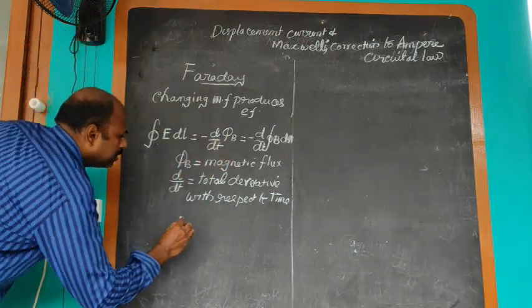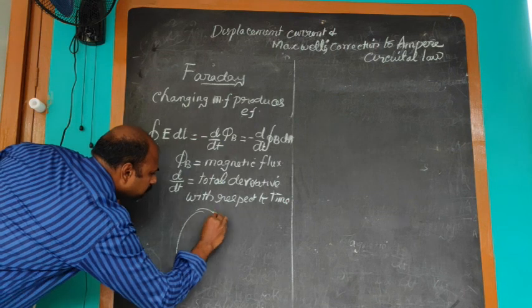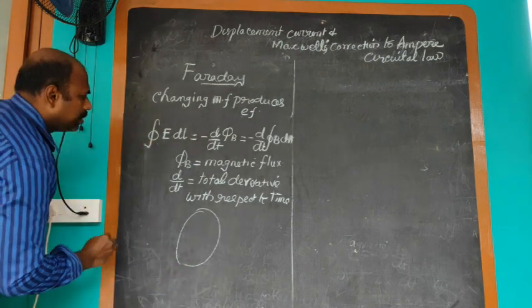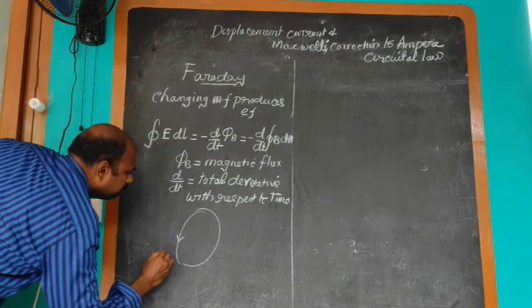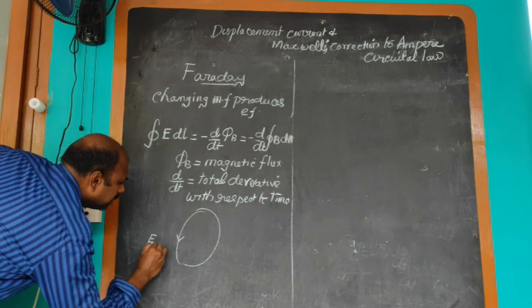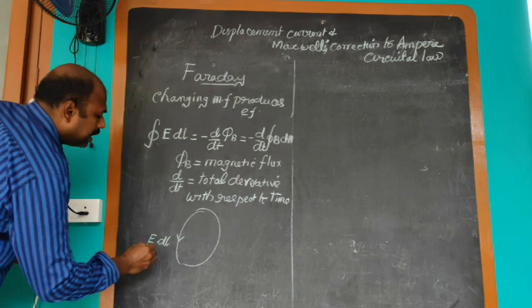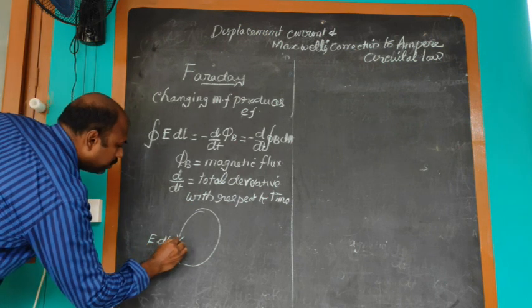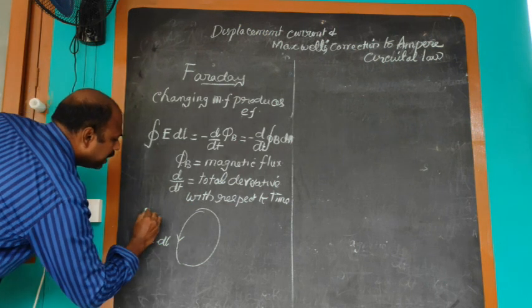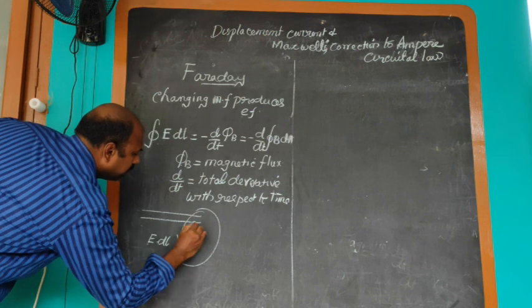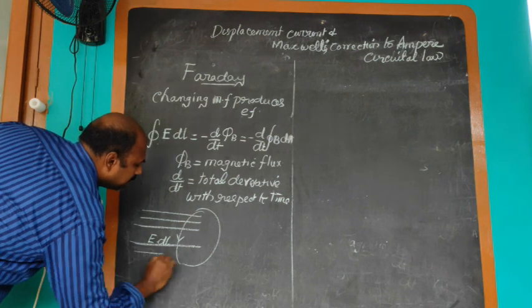So consider a closed loop like this. This is a closed loop. So the EMF induced in the circuit, E dot dl, is the EMF induced in the circuit by the changing magnetic field.